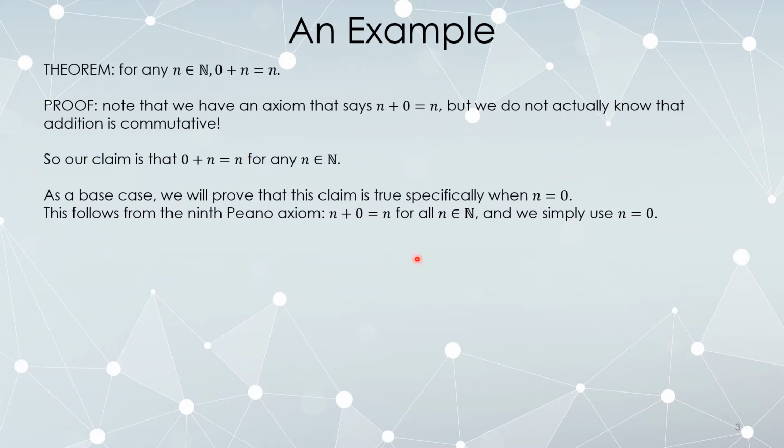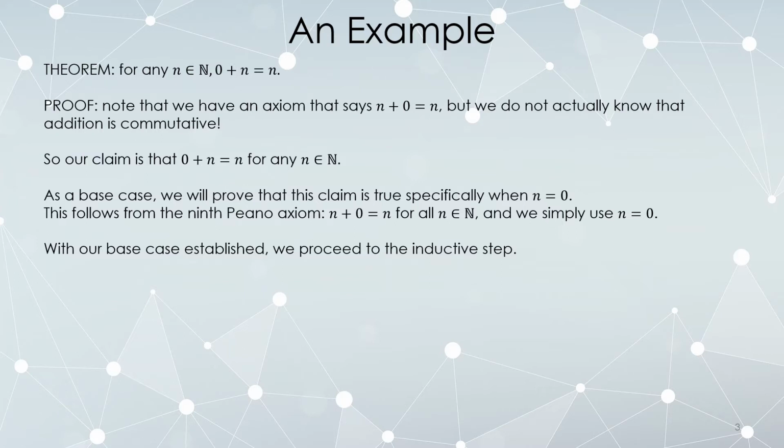In other words, if both numbers are 0, it doesn't really matter which one you put on the right versus the left because they're both the same. So if I specifically want to show that 0 plus n equals n, on the assumption that n is 0, I would just be trying to show that 0 plus 0 equals 0, but that's just this axiom as well, with n equals 0. So the base case is established essentially for us by axiom.